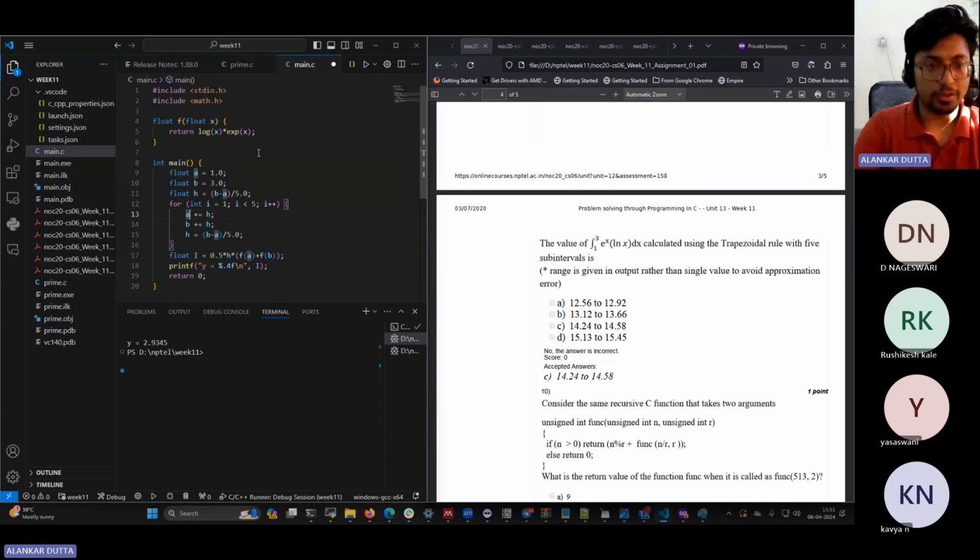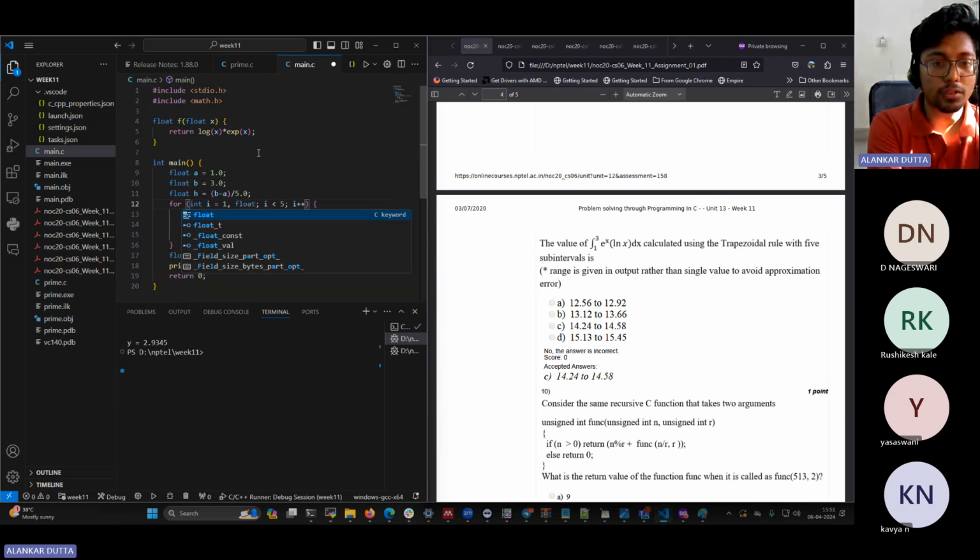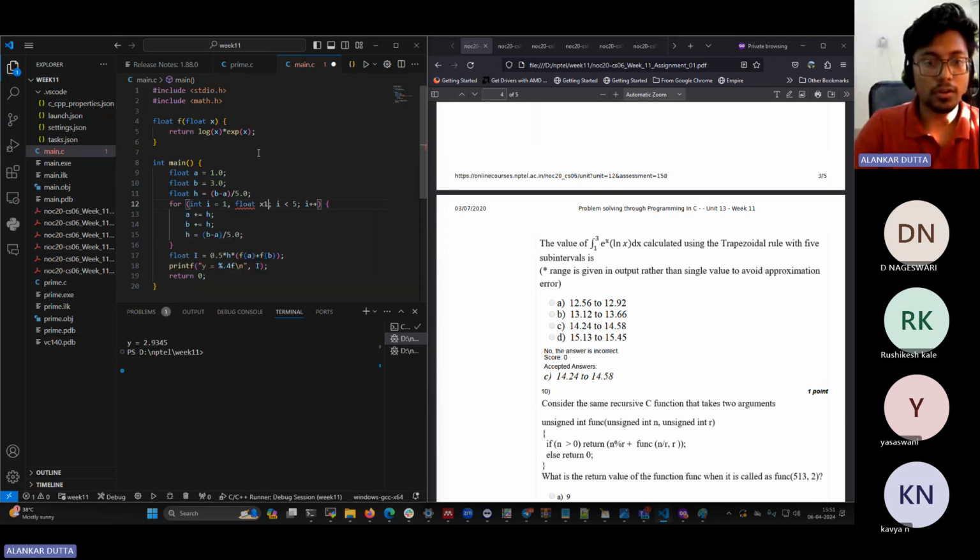So let's have two things which are defined. We will start with these values. Float.